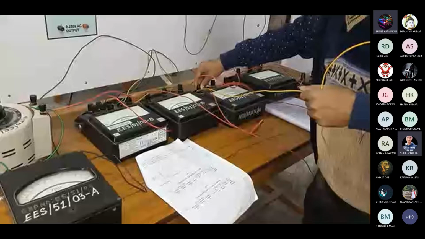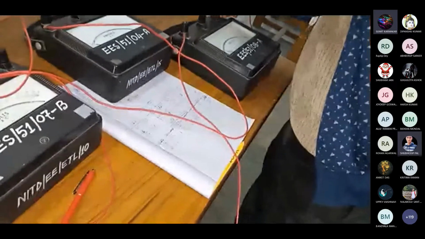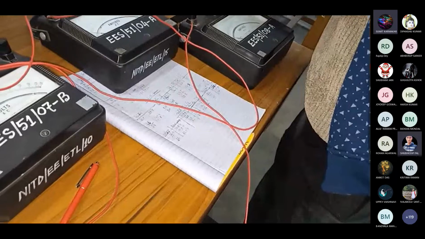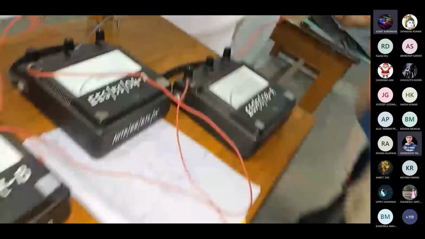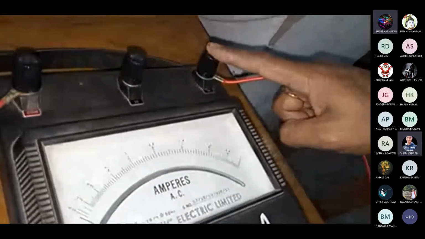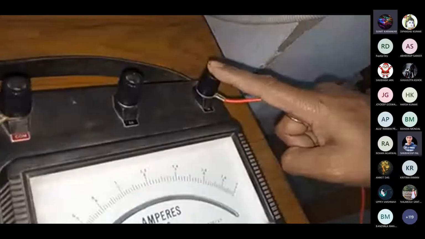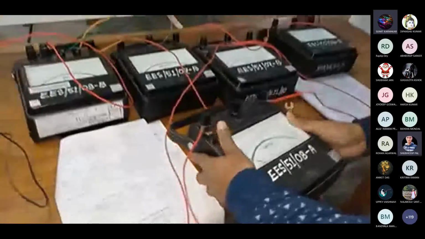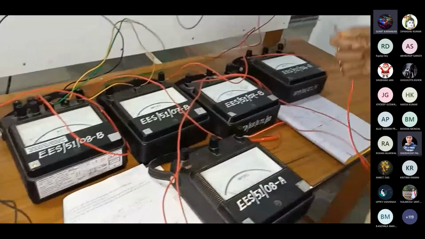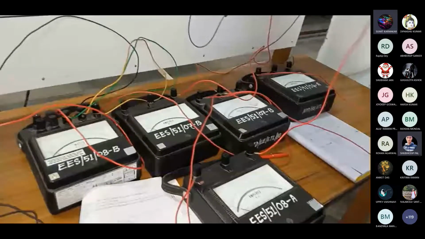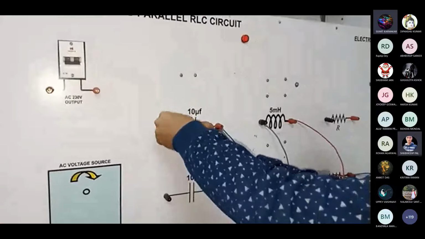Let us connect this wire to this terminal of the ammeter. The current flowing is small, so we take the 1 ampere range. This end should be connected to the capacitor, so we are giving it to this point.